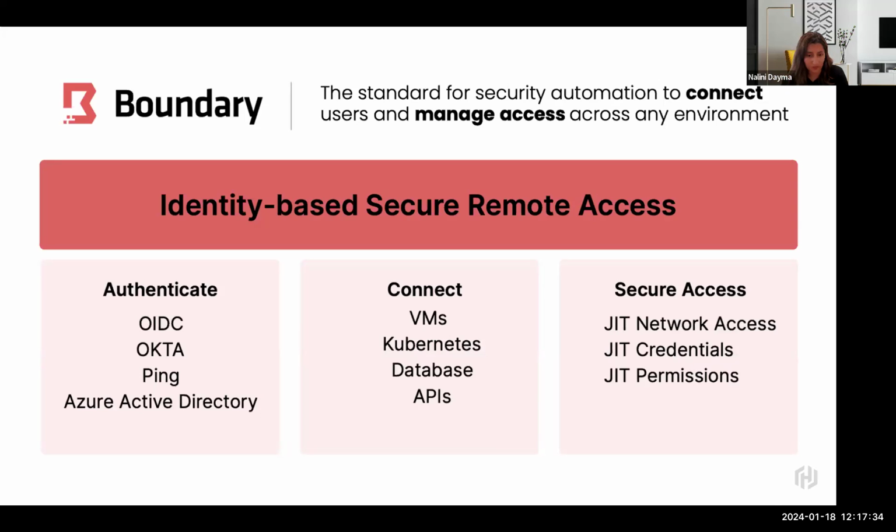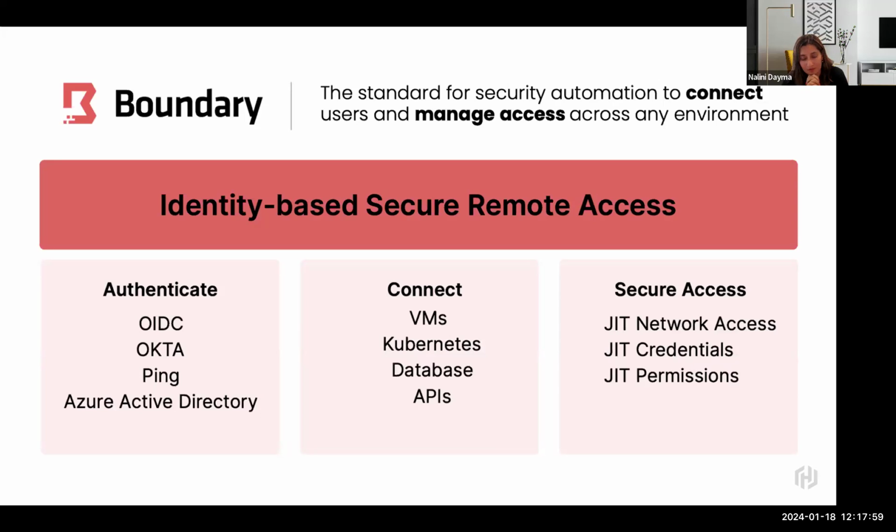all the VMs. So for example, EC2 instances in AWS. It can help you connect to databases, to Kubernetes clusters, to even APIs, so software or tools that expose APIs. And then it is capable of injecting credentials just in time with the help of Vault integration.